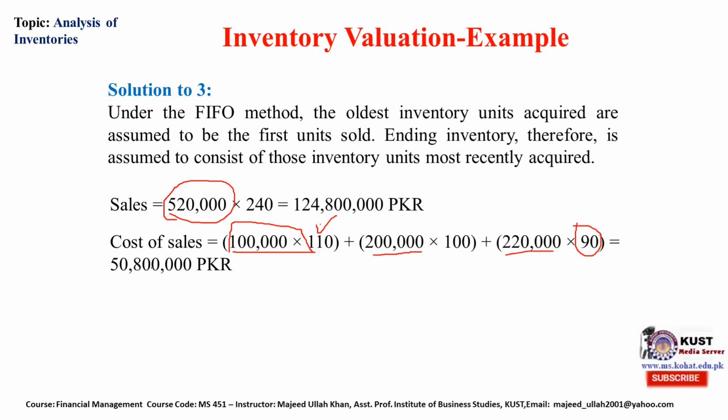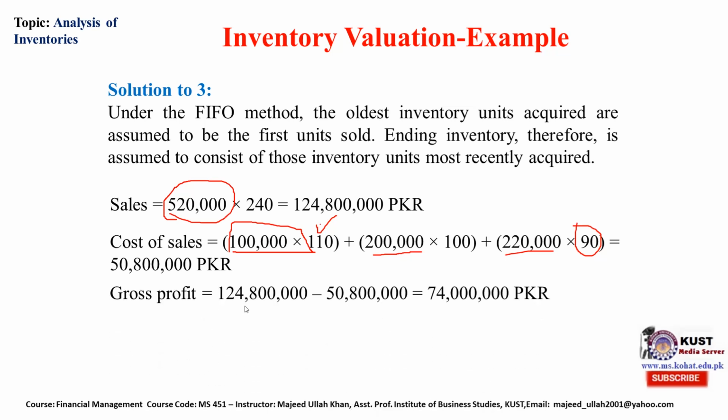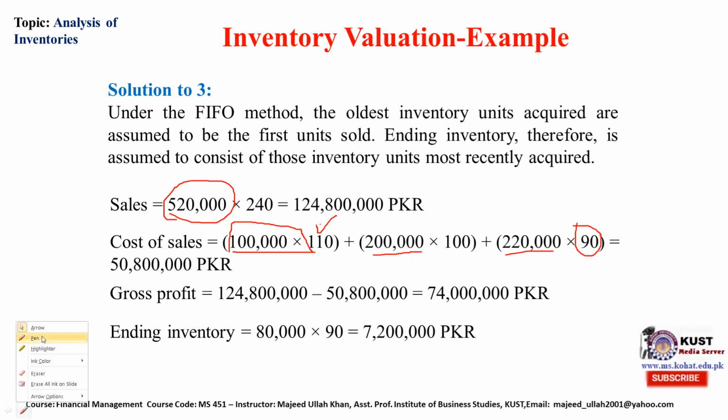Now gross profit is, this is sale, and this is cost of sold, 74 million is gross profit. Ending inventory will be valued at which cost? The newest cost. So newest cost is 90 rupees in this example. 80,000 multiplied by 90, that is 7.2 million rupees.